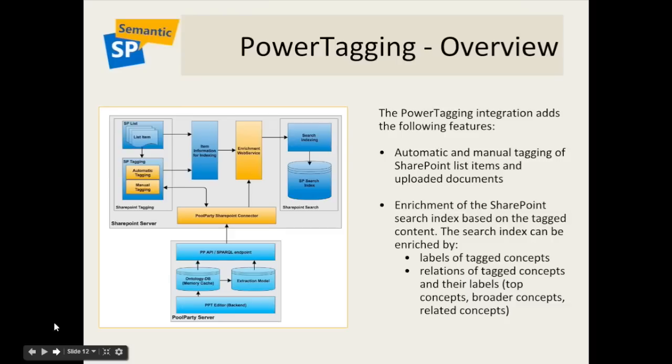But this does not support the hierarchy, the managed metadata hierarchy. Meaning if I am searching for Austria, for example, I don't get this document at all, even if Vienna is under Austria in the term store. So it's a big limitation, and we have to improve this.